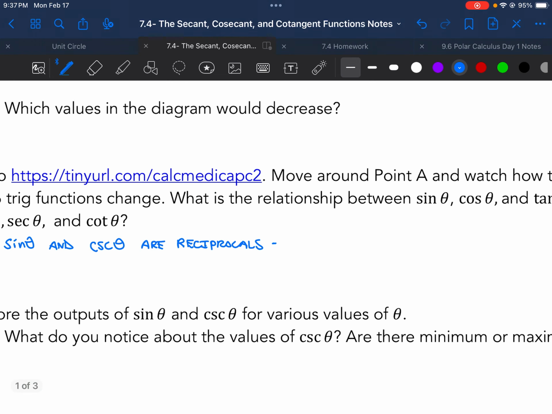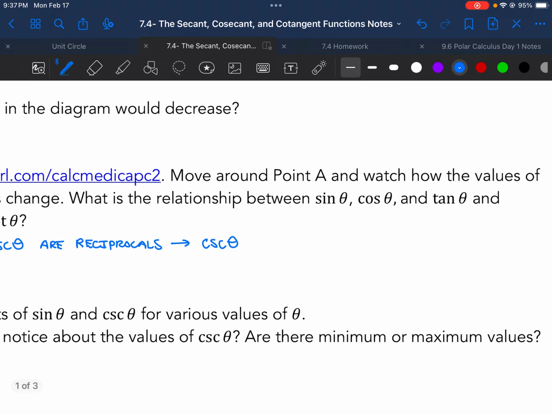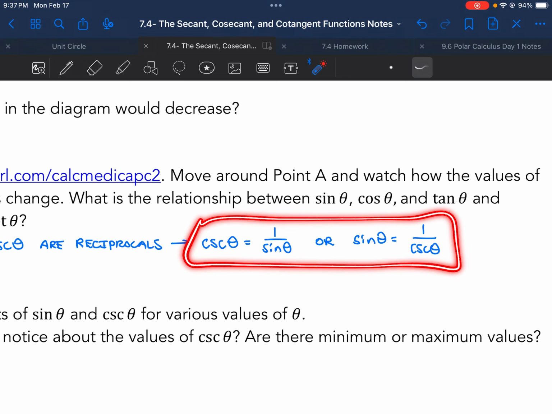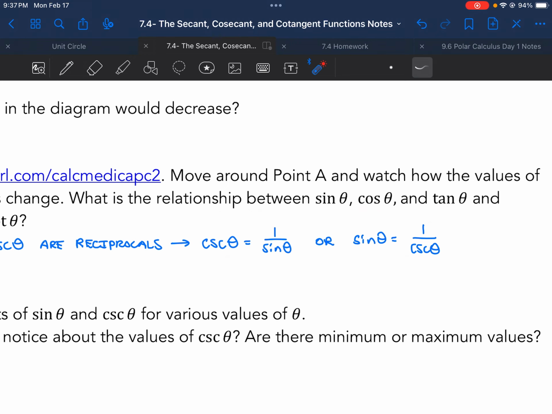What this means is that cosecant of theta, and that's how we say this, CSC, is equal to 1 divided by the sine of theta, or another way to look at this is to say sine of theta is equal to 1 divided by the cosecant of theta. So this is what it means for sine of theta and cosecant of theta to be reciprocals.